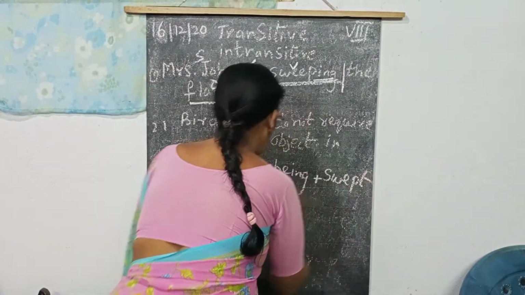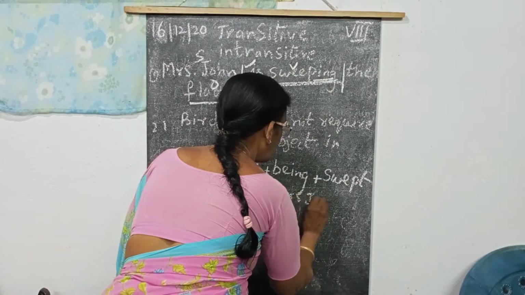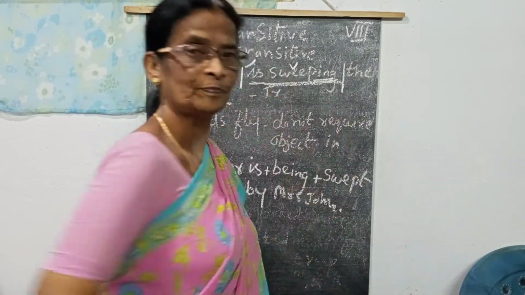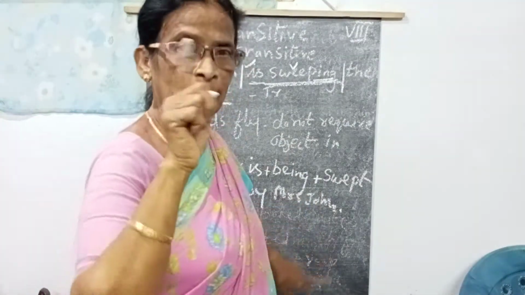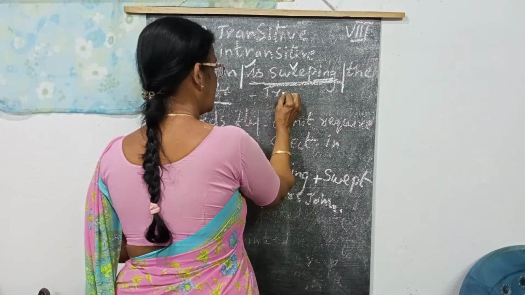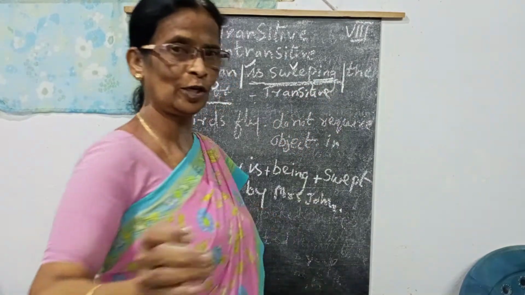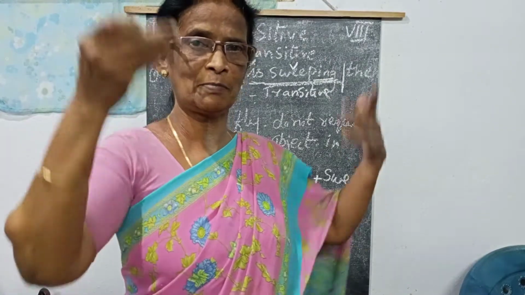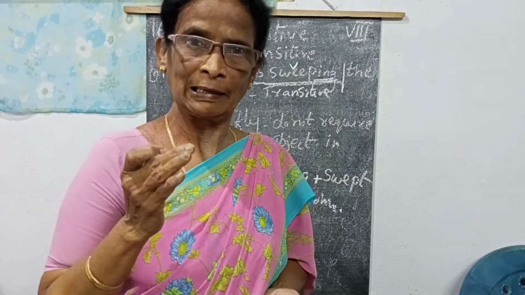Swept by whom? By Mrs. John. So when you change into passive voice, easily you can say this is the transitive one. While you are learning transitive and intransitive, you can remember active voice and passive voice also. Is it clear?